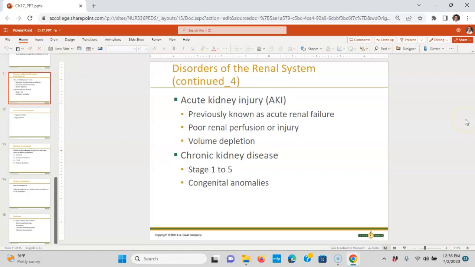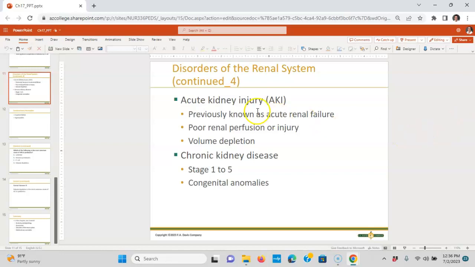The prognosis is based on the causative factor. So if the kid over medicated themselves, like an ibuprofen overdose, this is where this comes from.